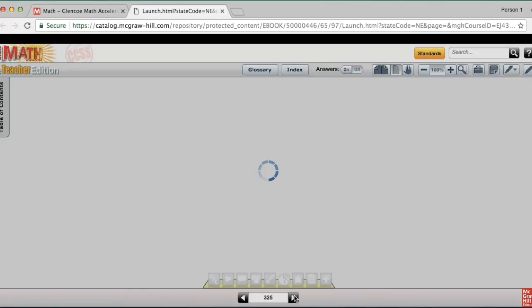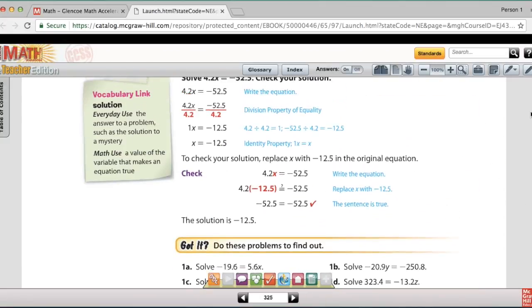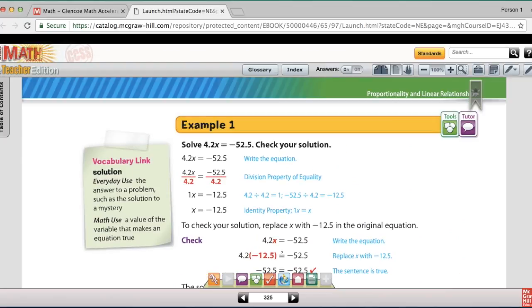Moving on to the next page and part of lesson 8.1, we have some example problems. So example 1, we are going to isolate the variable, again using that vocabulary. When we're solving equations, we're trying to isolate the variable. And when we isolate the variable, we have to use the inverse operation, or the opposite operation of multiplying by 4.2, which is dividing by 4.2.